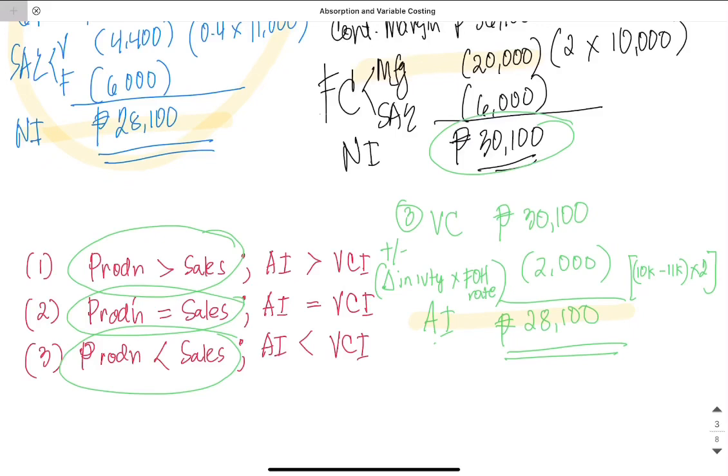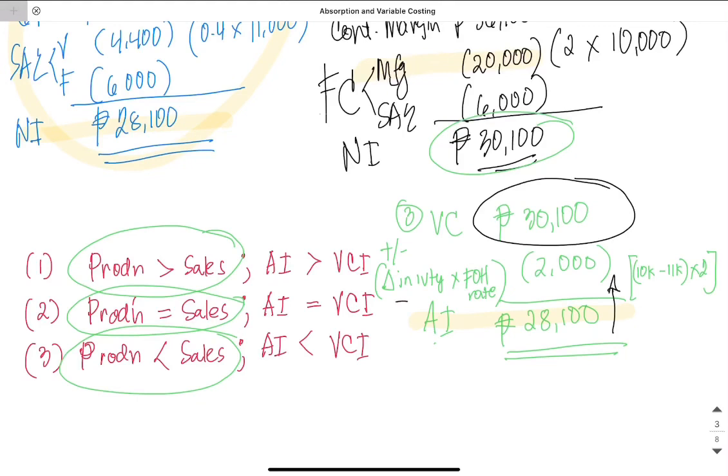So 28,100 plus 2,000, you will have 30,100. So that's how you reconcile. Again, how are you going to compute for the change in inventory? That's simply the difference between production and sales.